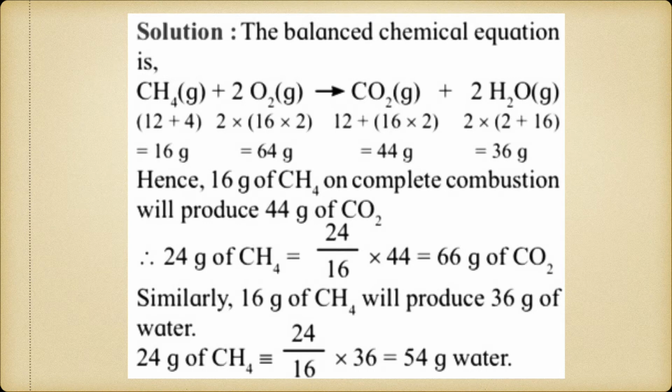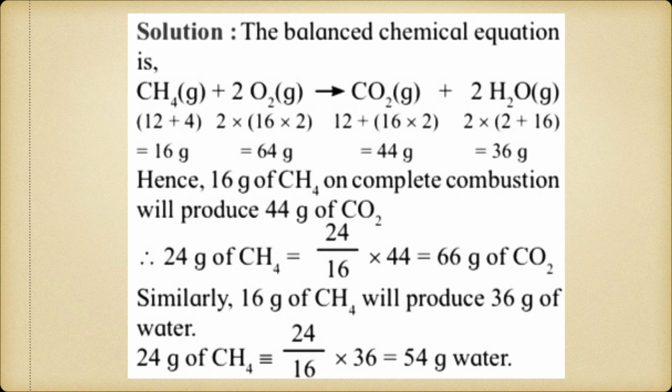Next step is to write down its relative masses. So, for CH4 it is 1 mole of CH4, so it is 12 plus 4, that is 16 grams. For oxygen, there are 2 moles of oxygen. For 1 mole of oxygen, it is 16 into 2, so therefore, whatever the value, I will multiply it by 2. I will get the value as 64 grams. For carbon dioxide, 12 plus 16 into 2, I will get it as 44, that is for 1 mole of carbon dioxide.